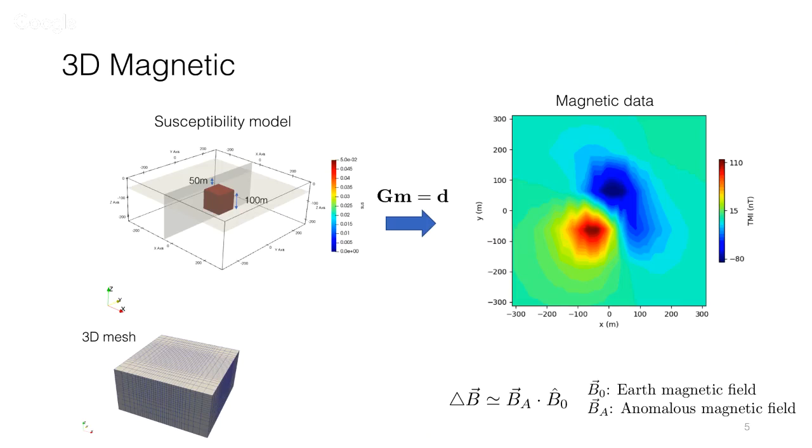So Gm is equal to d, and our magnetic data are looking like this. If people remember, we got a block that's magnetized, so it's got an anomalous field, but our magnetic anomaly is just a projection of that anomalous field onto the earth's field direction. So that's what it looks like. Let's go make it over here.